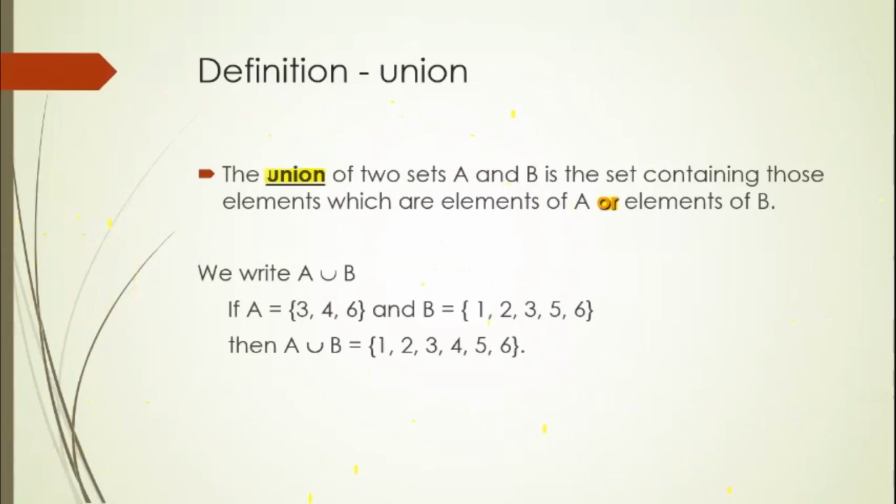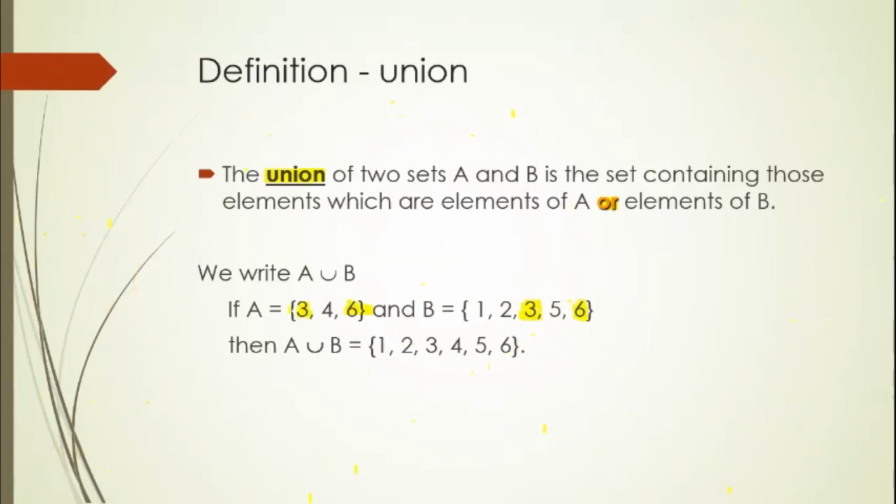So in here, you have A union B. Set A contains 3, 4, 6, and B contains 1, 2, 3, 5, 6. You would notice here that we have two 3s, and then we have two 6s as well.